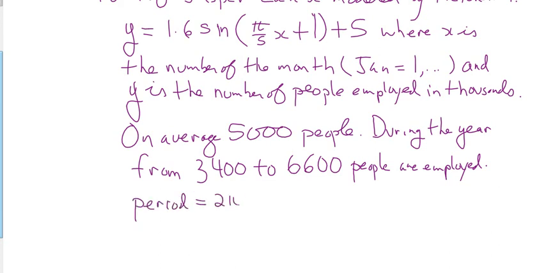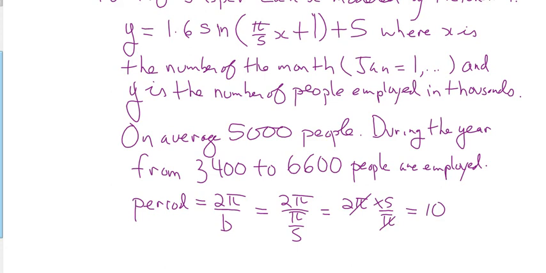Period is equal to 2 pi over b, which is 2 pi over 5, which is 2 pi times 5 over pi, which is 10. Which seems a little weird, because X is the month number. There's not 10 months in a year, so that should probably be pi over 6.